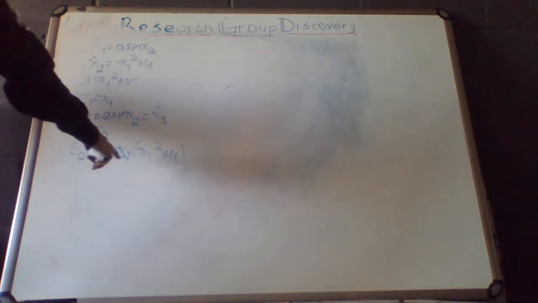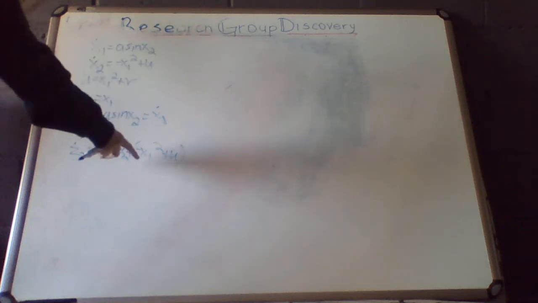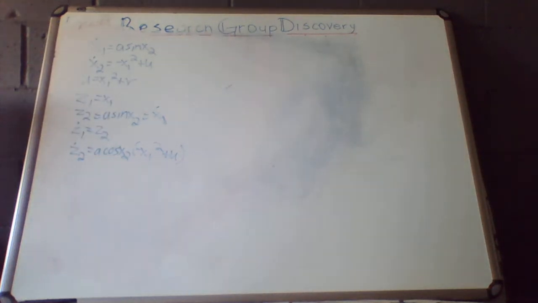This just comes from doing the chain rule here. So you can figure out what these are in terms of z1 and z2.